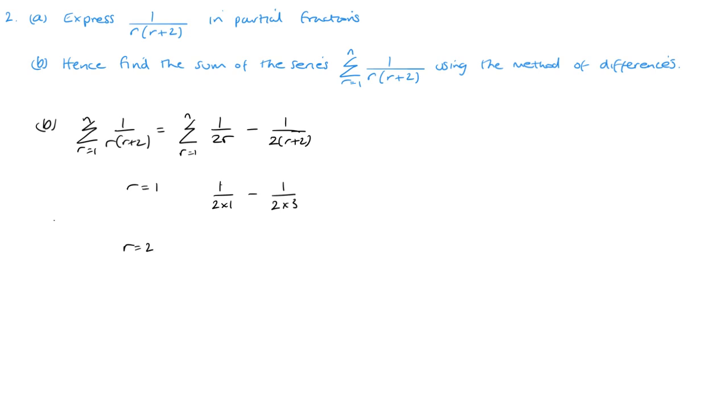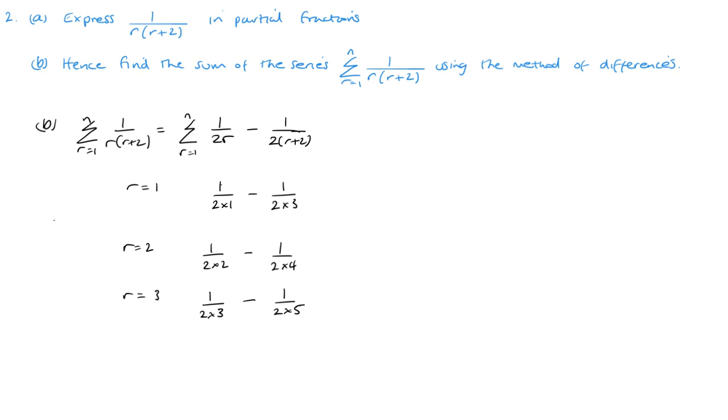So this one, remember there's 2 difference between them, r and an r plus 2. So there's 2 difference, so we're expecting 2 from the top and 2 from the bottom. So 1 over 2 times 2 minus 1 over 2 times 4. R equals 3, 1 over 2 times 3 minus 1 over 2 times 5.